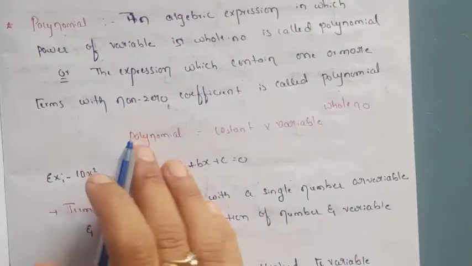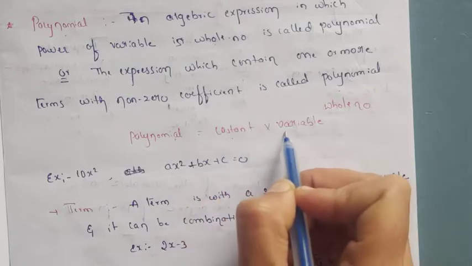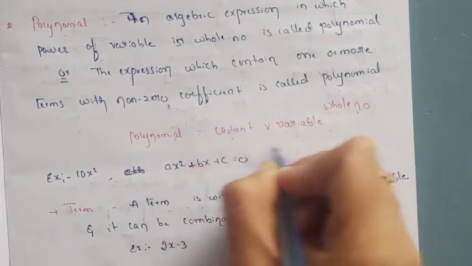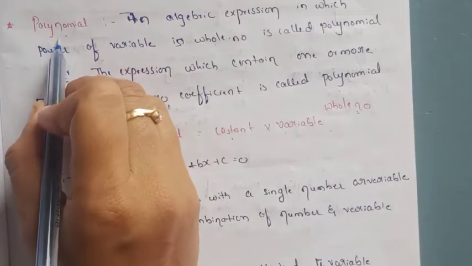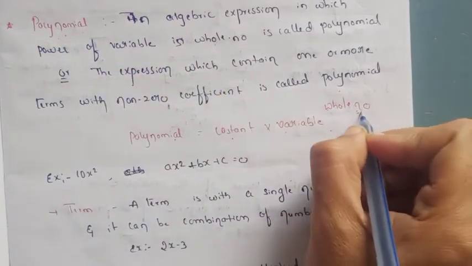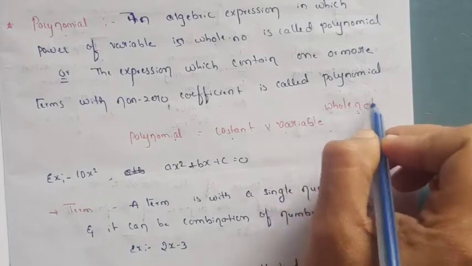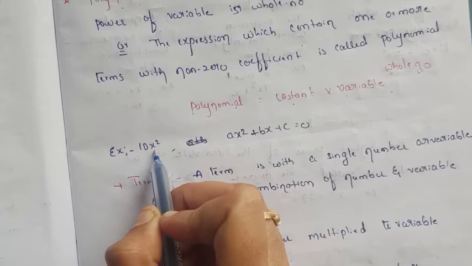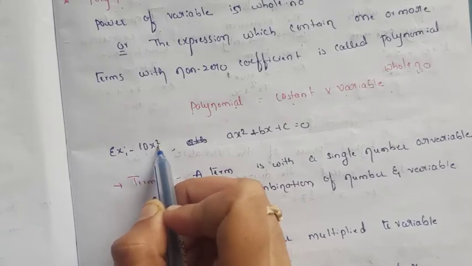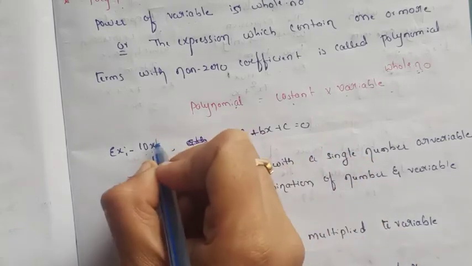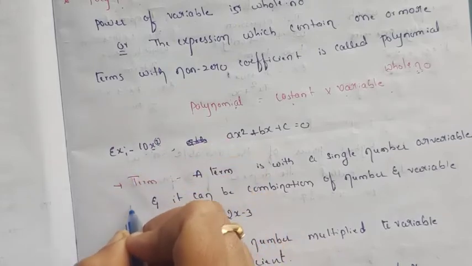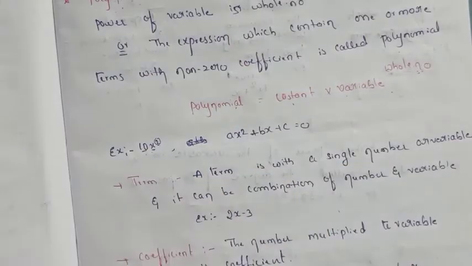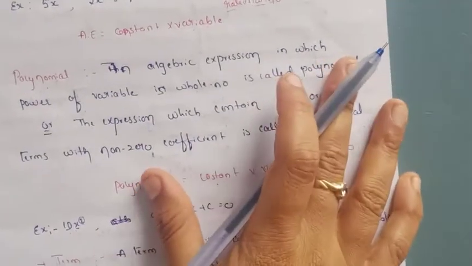Polynomial is equal to constant into variable to the power of a whole number, and this expression we call a polynomial. It should not contain any negative term, and it should only contain whole numbers. For example, 10x square. 2 here is a whole number, x is a variable, 10 is a constant, and this we call a polynomial. 10x square is a polynomial.